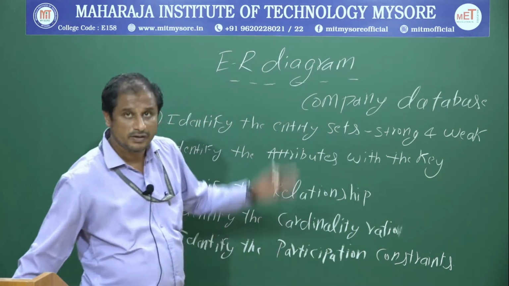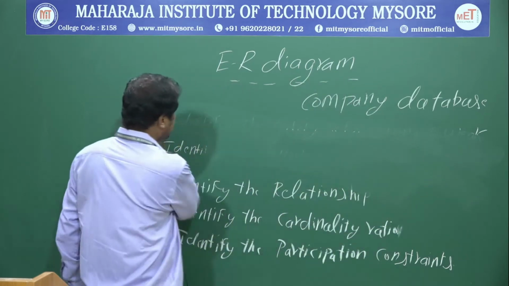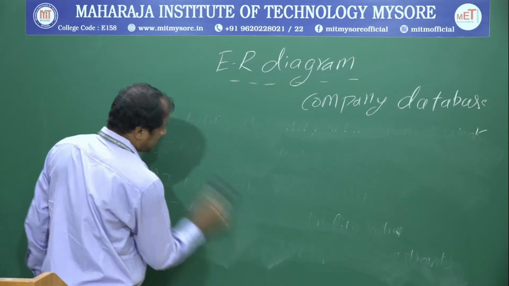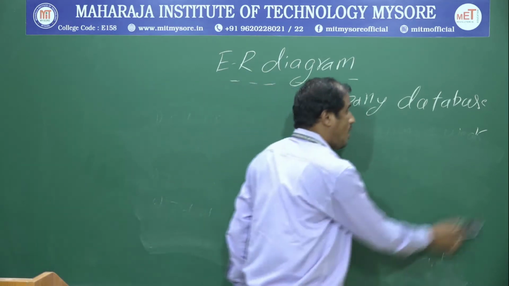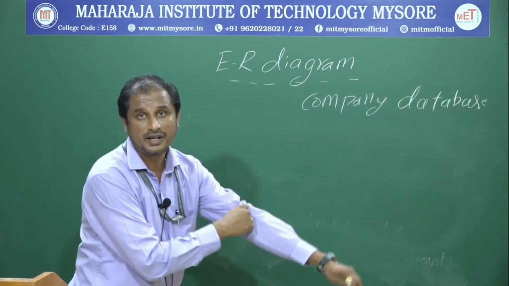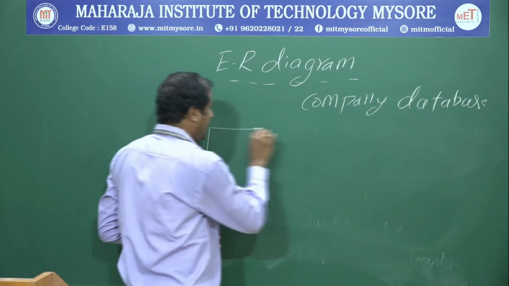Next, let's write an ER diagram with the specified entities, attributes and relationships, with the participation constraints to be followed. The first step is to find entities.